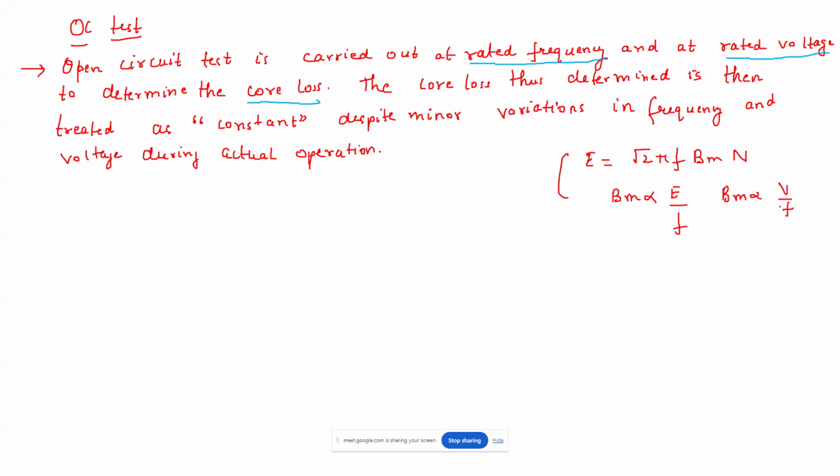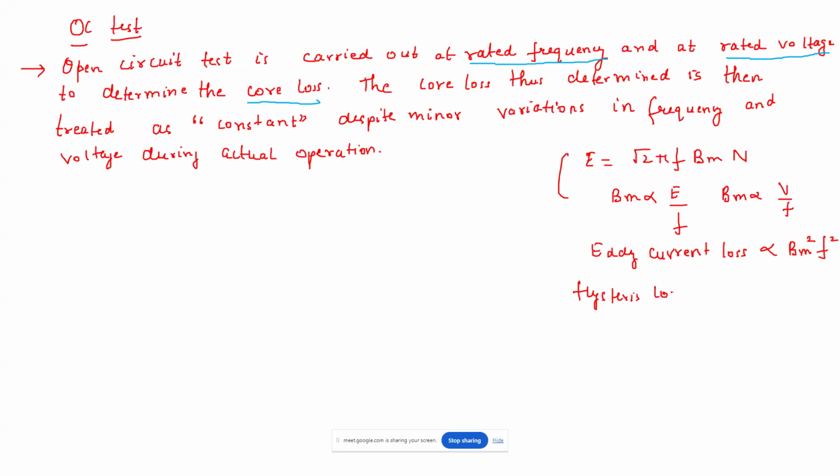We have also seen the hysteresis loss and eddy current loss formulas. Basically, core losses are of two types: eddy current loss and hysteresis loss. In the last class we saw that eddy current loss is proportional to Bm squared and f squared.